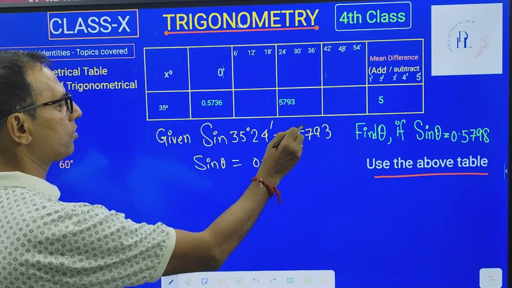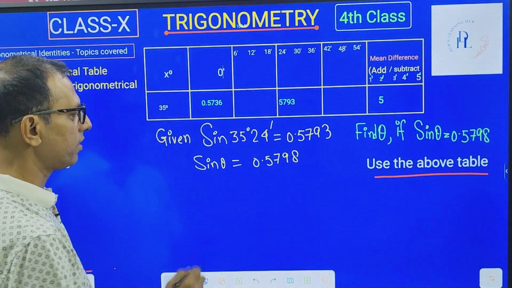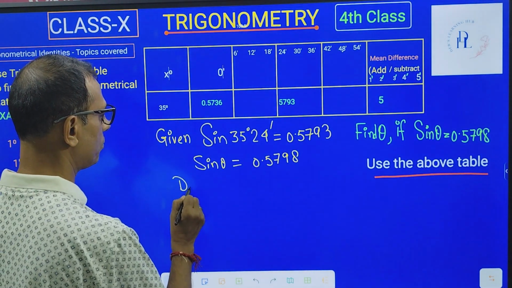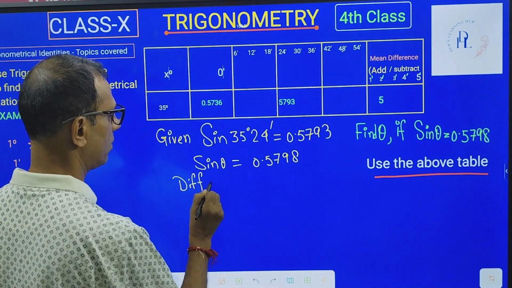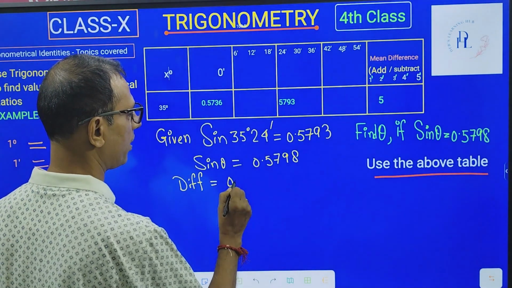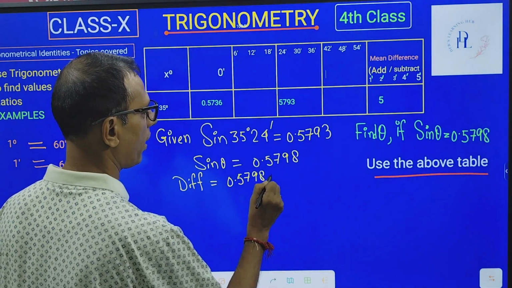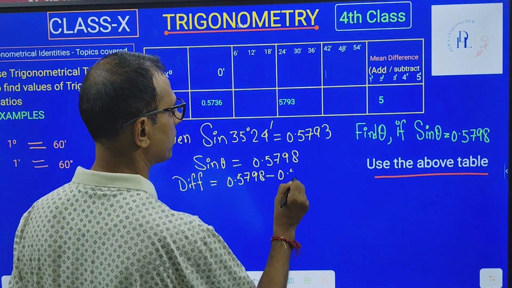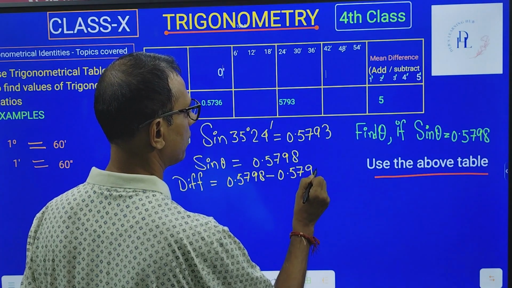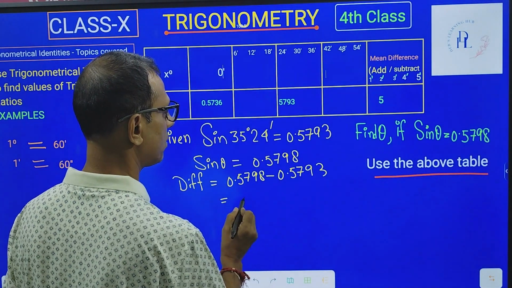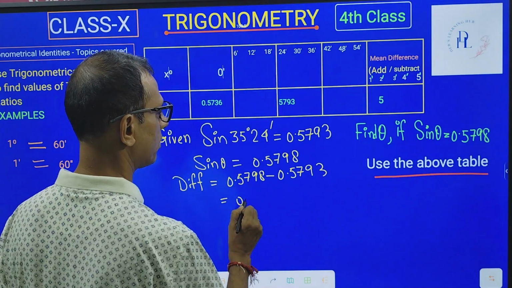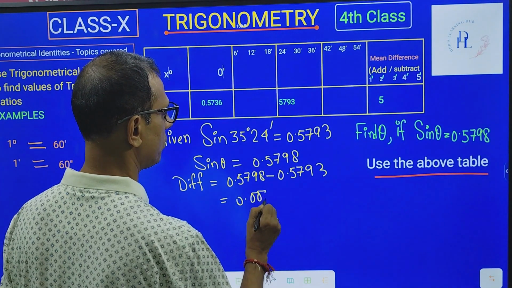Now, between these two values, what is the difference? The difference in values is 0.5798 minus 0.5793, that means it is 0.0005.